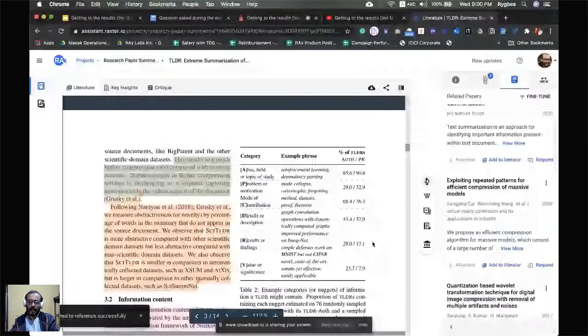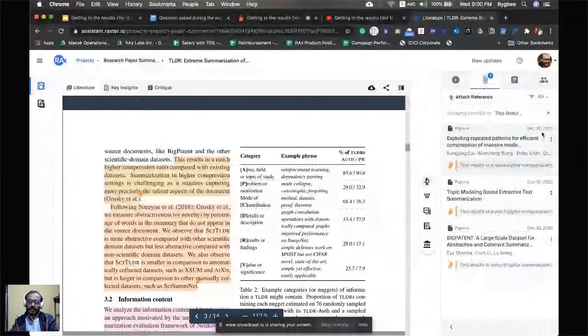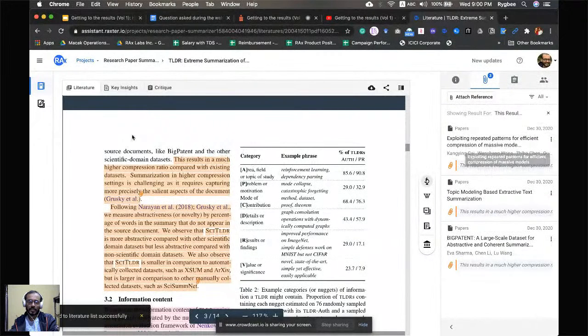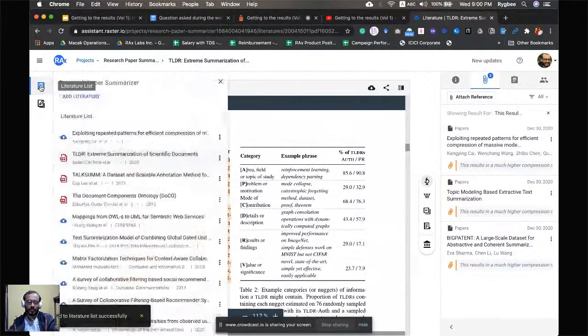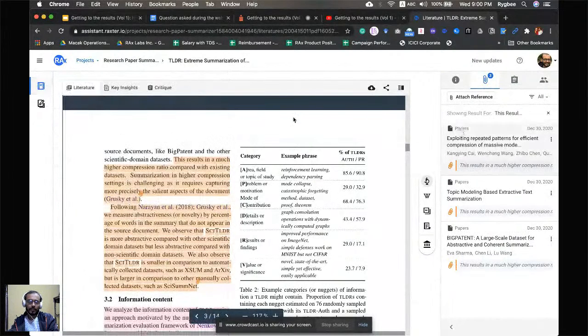And then later on, I can come back to this orange zone, and I can see all the papers that I've attached. If I want to read them further, I can add some of them to my literature list, and it gets added to my literature list over here, as you can see, right? And I can read the paper later on, right?